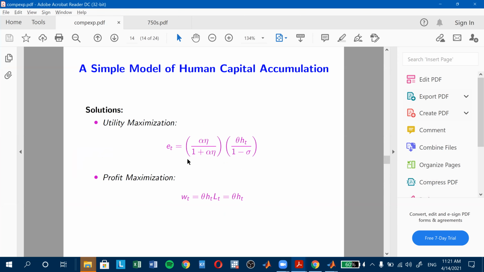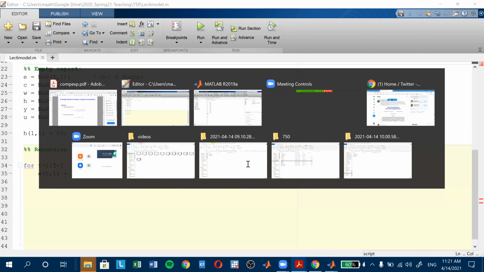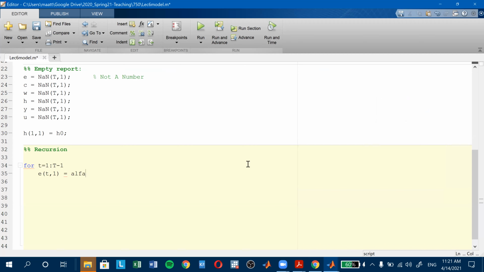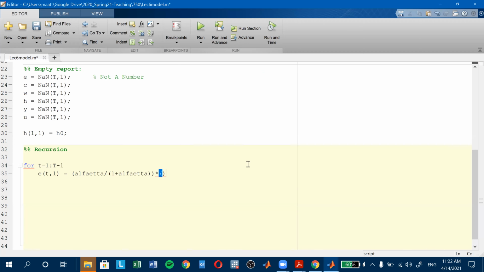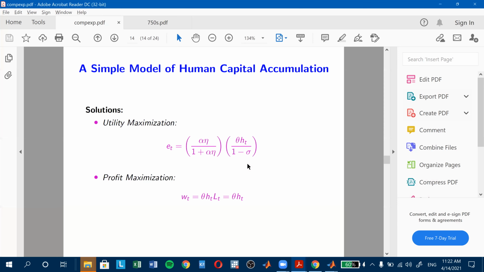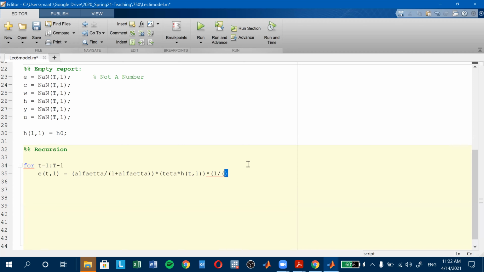ET is equal to alpha eta divided by 1 plus alpha eta, times theta times ht, to the power 1 over 1 minus sigma. So that would be ET.